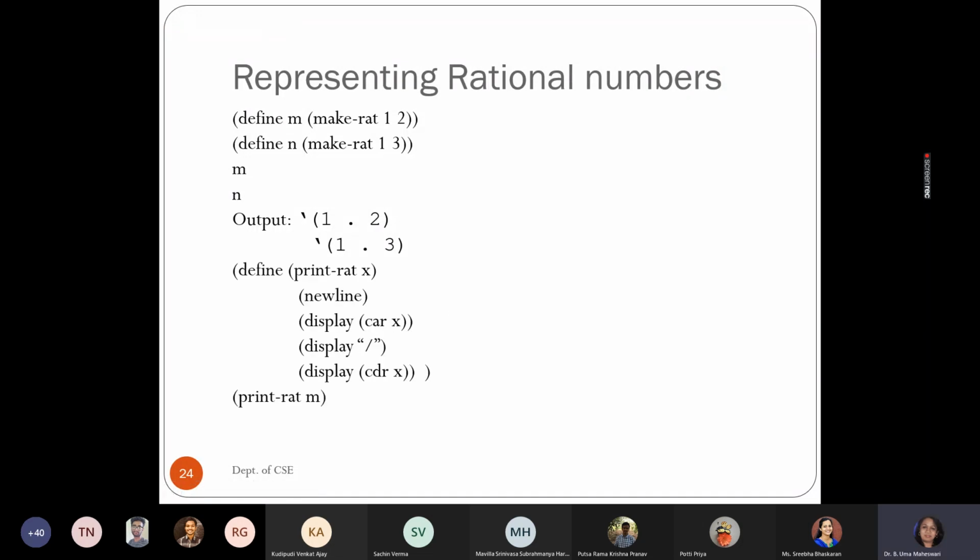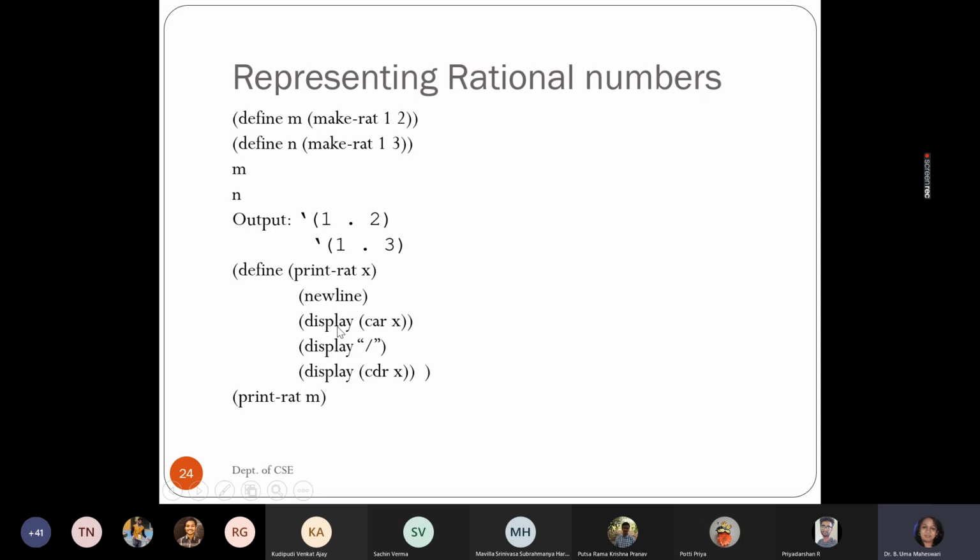Okay, let's look at how to print the pair in the form of x by y. So what I'm doing is defining the print-rat procedure, to which I'm giving a rational number. Okay, newline is a built-in, I can say constant, which moves the cursor to the new line.